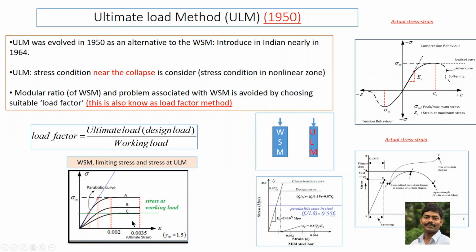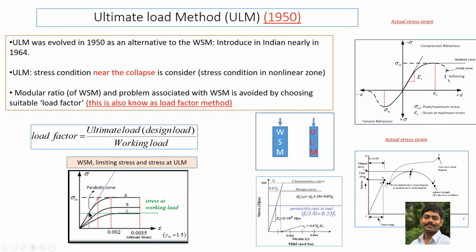For the limit state method, the value is 0.45 fck, but for the working stress method that value is 0.33 fck. It should be somewhere here, but for the time being we assume this value, somewhere here in the linear zone.